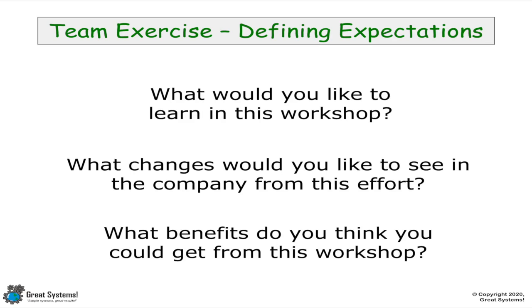We may ask some teams to share their work with the rest of the class, and if you do, please share your list of consensus expectations for this class and any observations you had about that consensus process. And this is just a warm-up team exercise, but it's important because it lets us know what we're shooting for here. So please define your expectations, define your team expectations, and share those.